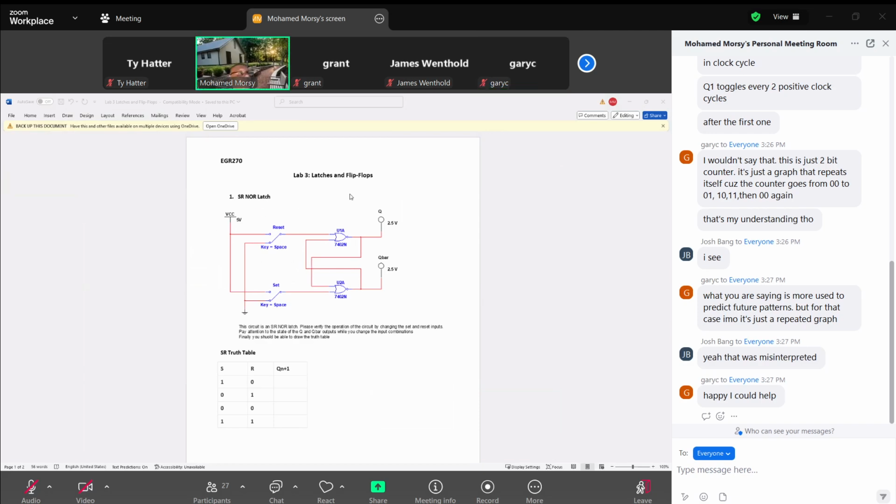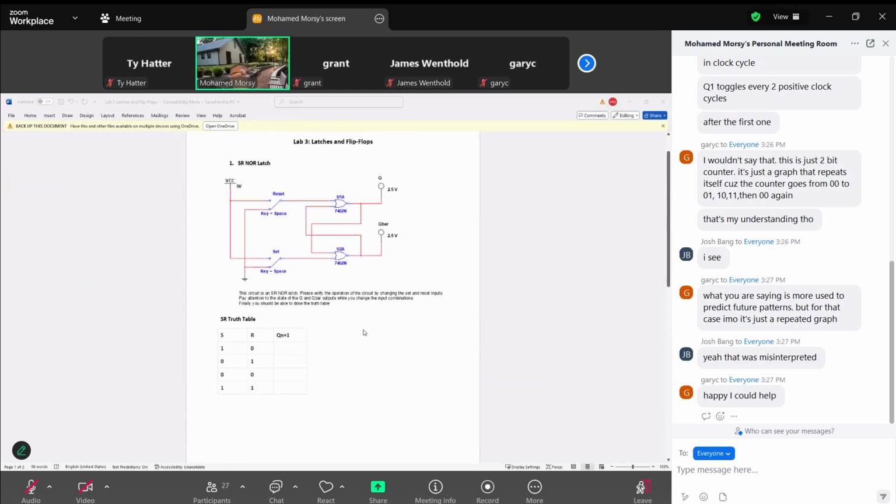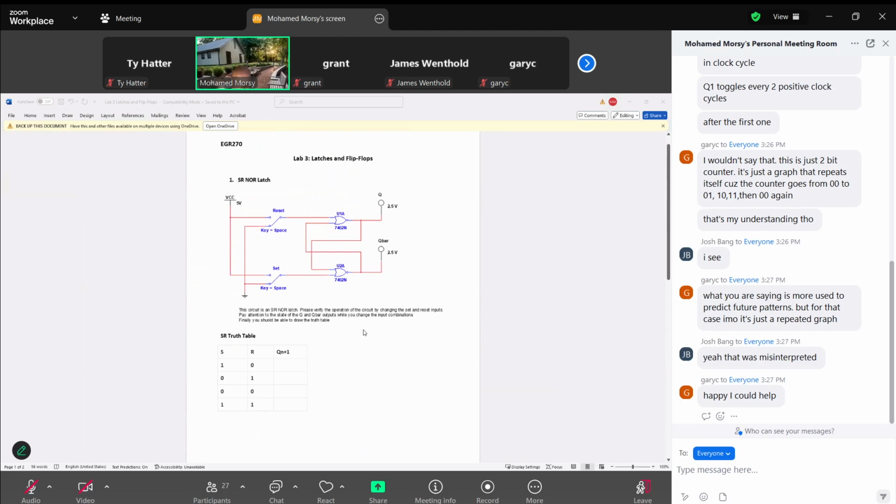This lab is about latches and flip-flops. So we verify the functions of the SR NOR latch, because we use NOR gates here, and also the positive edge triggered SR flip-flop. So for the first part here, this is the logic diagram for the SR latch using NOR gates.